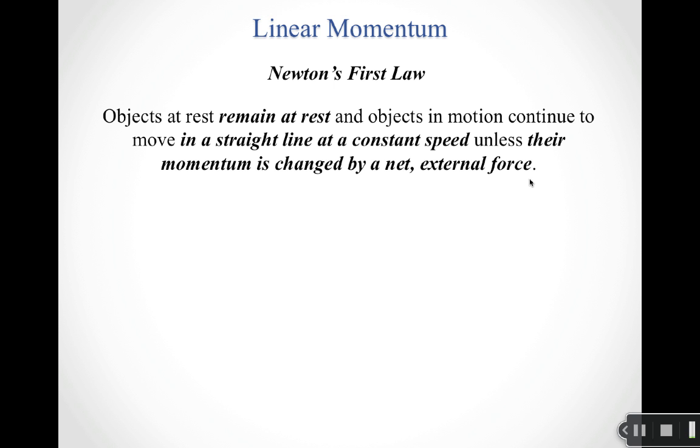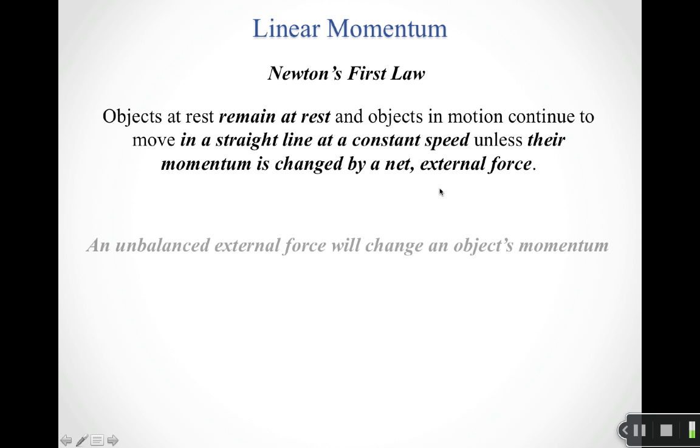When we first talked about Newton's first law, we said that objects at rest remain at rest and objects in motion continue to move in a straight line at a constant speed unless they're acted on by a net external force.